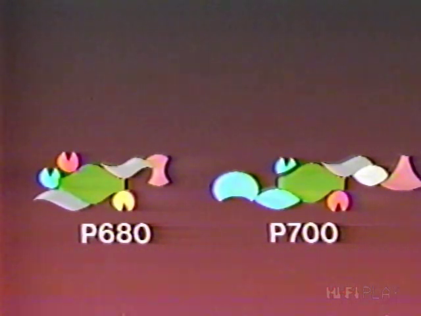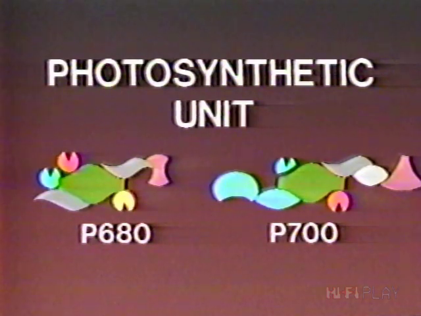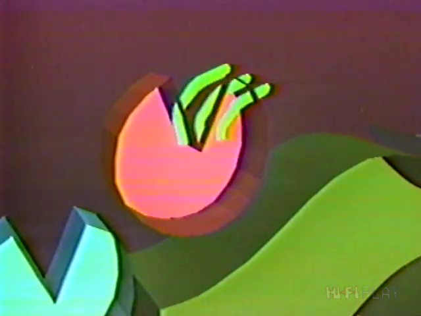Both photosystems are needed to complete the light reaction. They occur in pairs within the thylakoid membranes, one P700 for each P680, forming what are called photosynthetic units. So, the photosynthetic unit is thought of as the actual physical unit that carries out the light reaction.